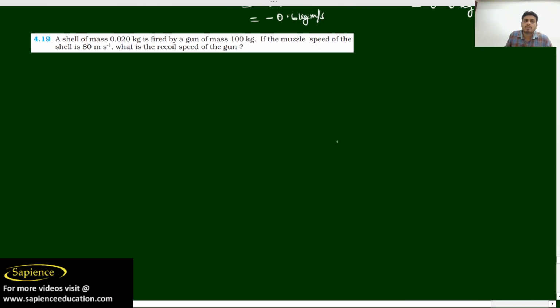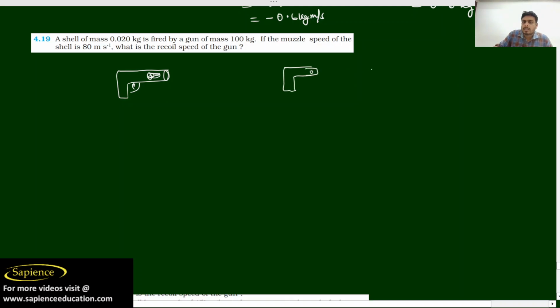Now I will solve question number 4.1a. There is a gun and there is a shell. It is at rest, and in the second condition the bullet has some speed. A shell of mass 0.020 kg is fired by a gun of mass 100 kg.